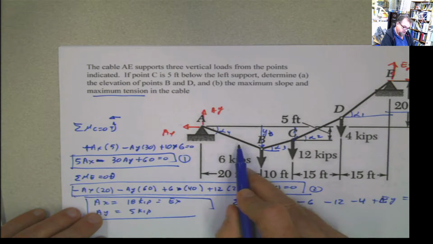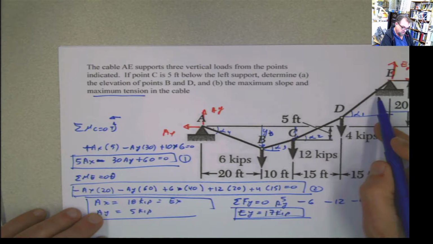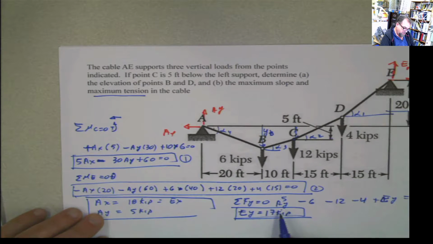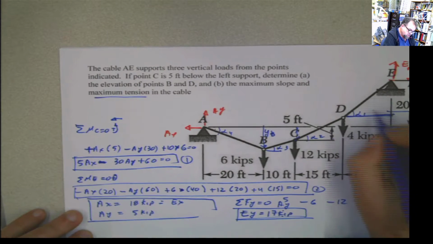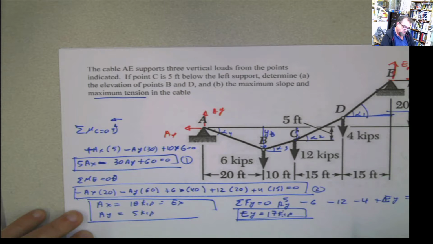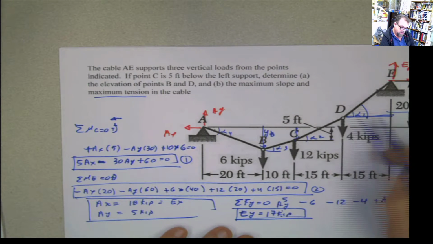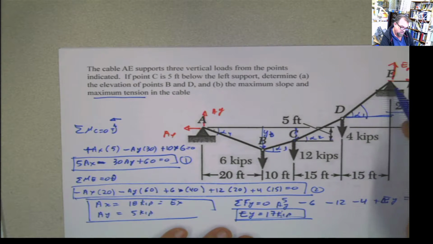I already know this tension and that tension. Why? Because this tension here is going to be the square root of this square plus this square. That's it. And I know this angle also, this angle that I call alpha 1 over there. If I want to know alpha 1, I can do it in terms of geometry, but I can do it also in terms of the force.